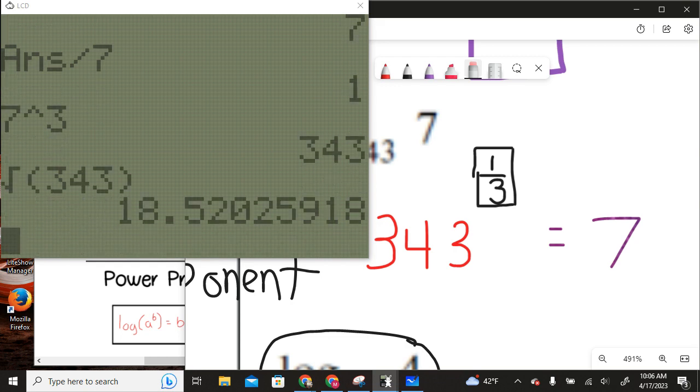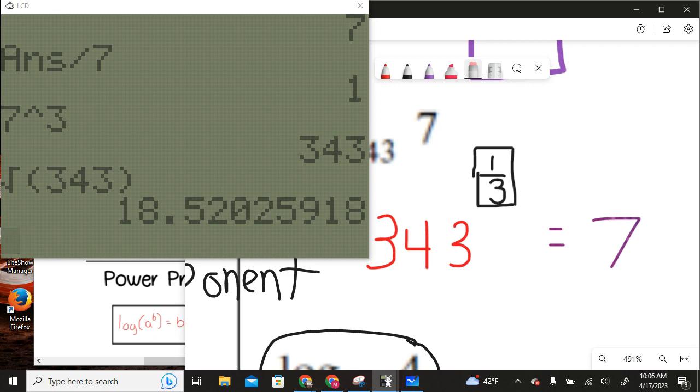So if you take the square root of 343, you get this jazz over here with 18. That's not exactly what we want to go through and deal with. We knew that we had to take 7 to the third power to go through and get to 343. The reverse of taking that to the third power will be taking the 1/3 power.